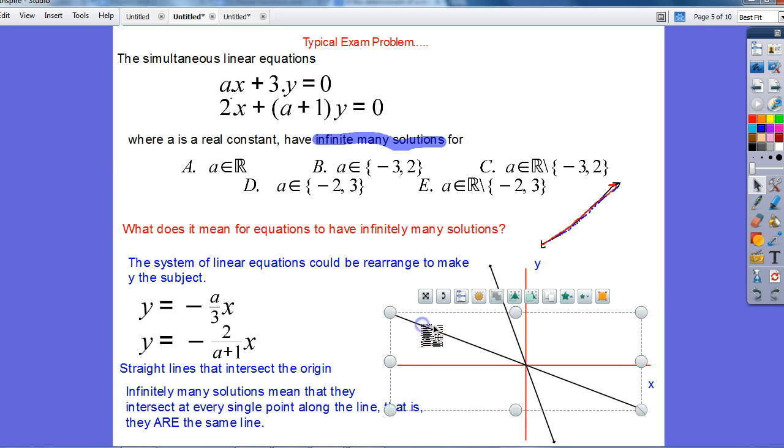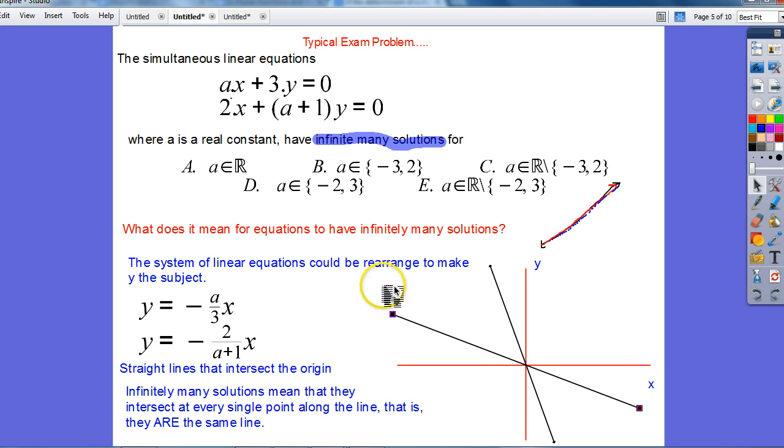So let's see that. That means I want to find the value for a, such that the gradient of both lines gives the lines being the exact same gradient, being the exact same line, having infinitely many solutions.